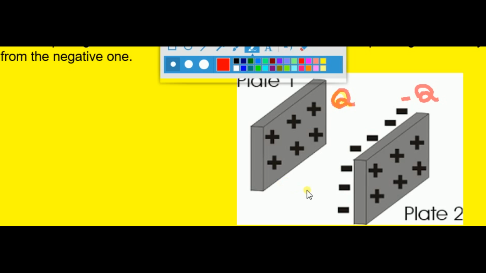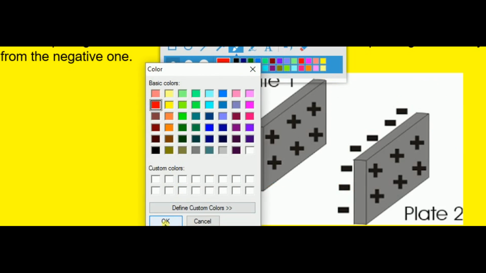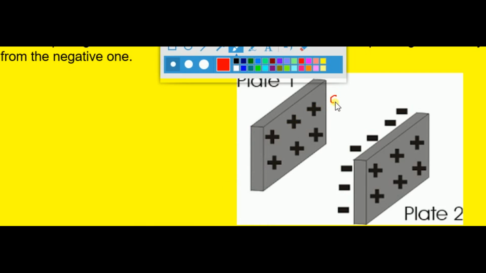The potential difference between the plates is V. We can write V is equal to Q upon C. Let us give the letter small q to this capital Q. Suppose it is Q and it is minus Q. PD is potential difference.